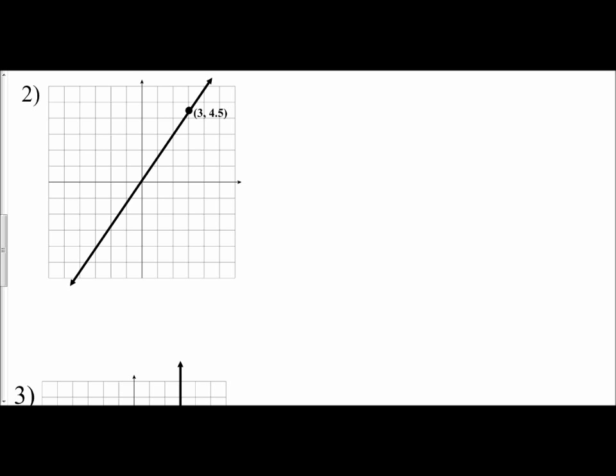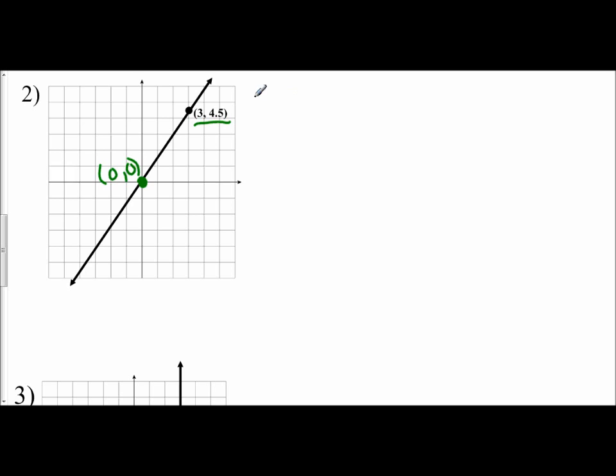If I look at this one, you may say, well, I have my point of 4.5, but I don't have my slope. Well, if I take a look at the rest of the graph, I see the graph actually intersects the origin. So it goes through the coordinate 0, 0. So I do have another point on the line.